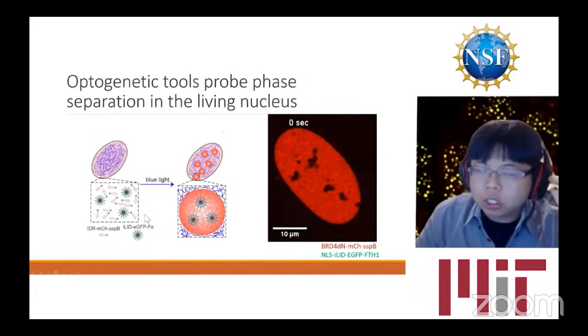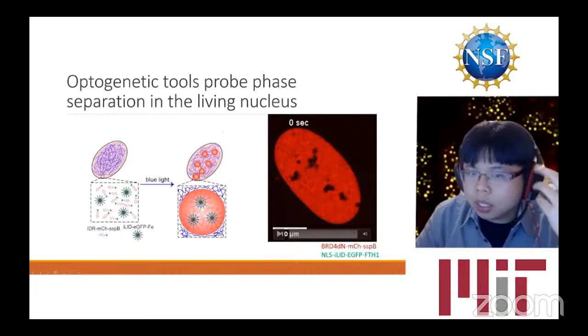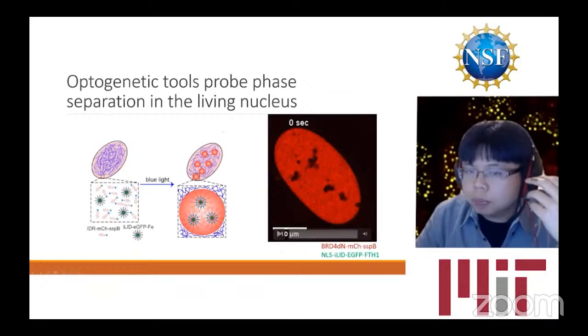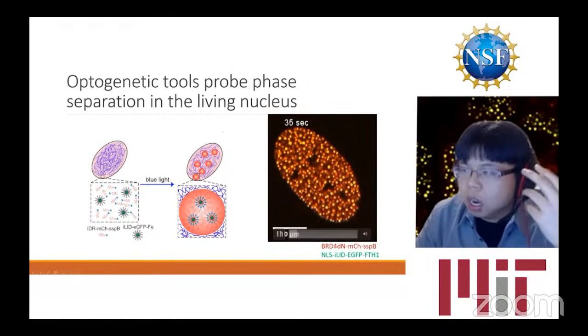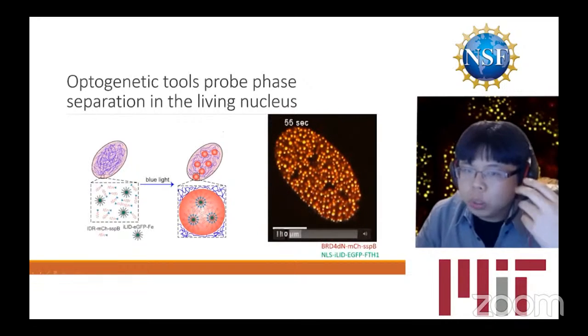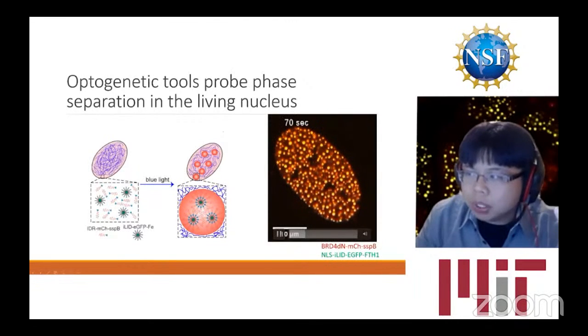So when I turn on the blue light, as I'm going to show in a second in this movie, we'll go from having a very diffuse pattern of fluorescence in the nucleus to having one that is very punctate, classically seen in phase separation. We can show that these puncta have liquid-like properties and so on and so forth.